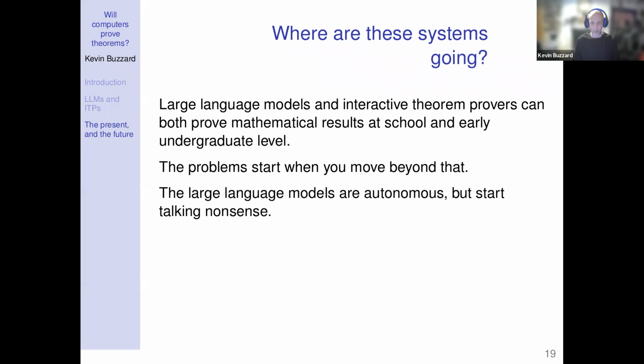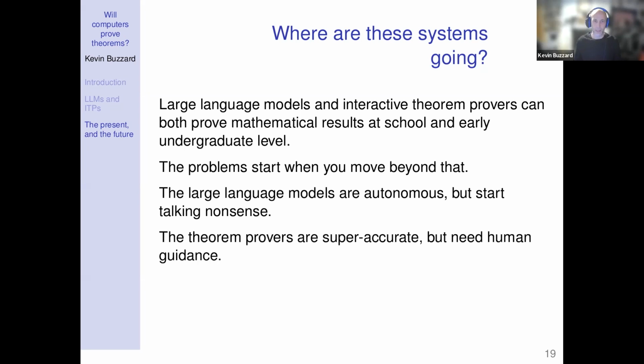The large language models can generate proofs by themselves, but they start confidently talking nonsense. They'll happily prove that there's infinitely many primes that end in 7 by just mimicking something they've seen. They mimic it, unfortunately, in a situation where the techniques they have can't be made to apply.